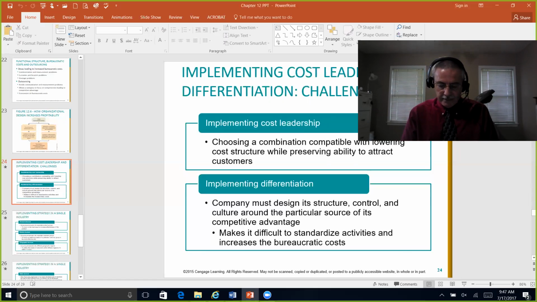It's really about a strategy where the company chooses a combination of structure, control, and culture that is compatible with lowering its cost structure while preserving its ability to attract customers and maintain their needs and desires. So being a low-cost leader is really about becoming the low-cost provider in the industry.